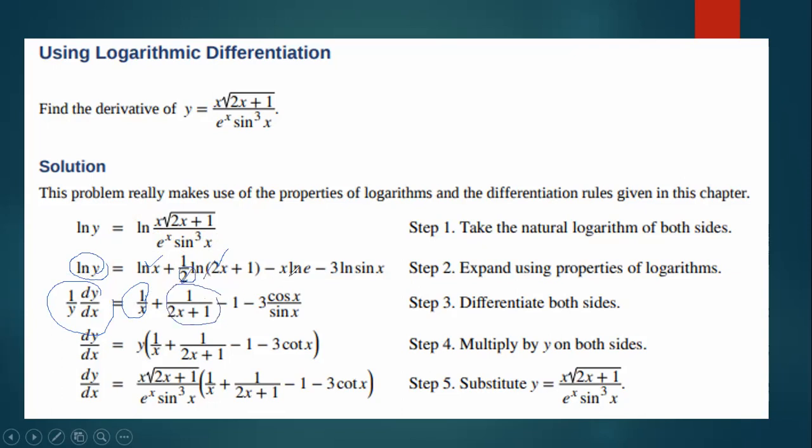Then there is x into ln e. So what does this mean? This means that the value of ln e equals to 1 and the derivative of x equals to 1.